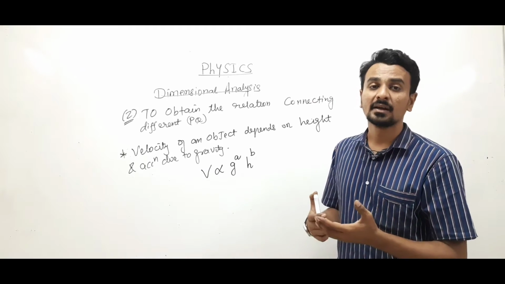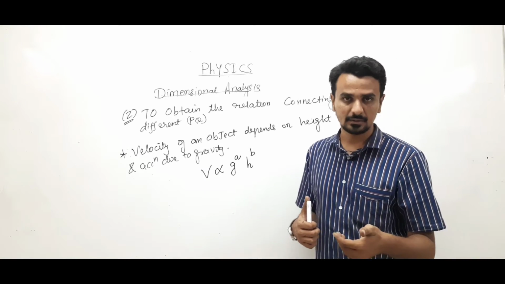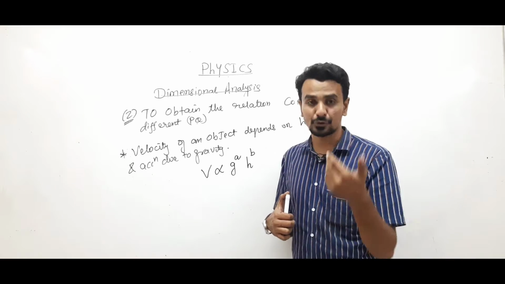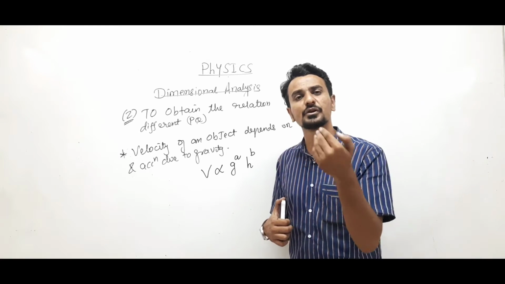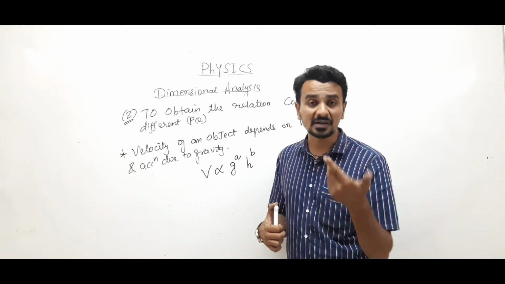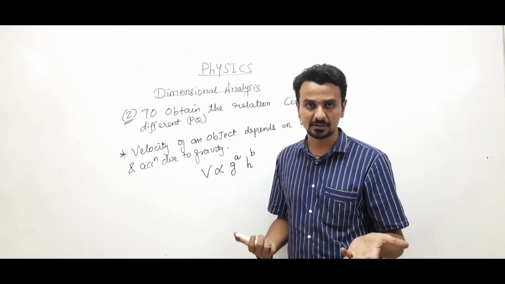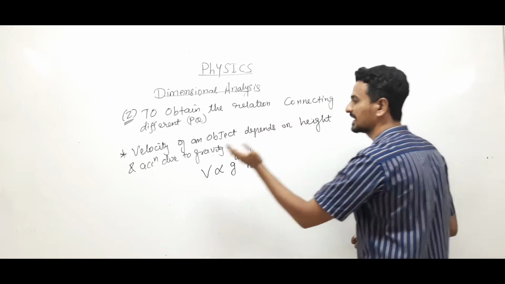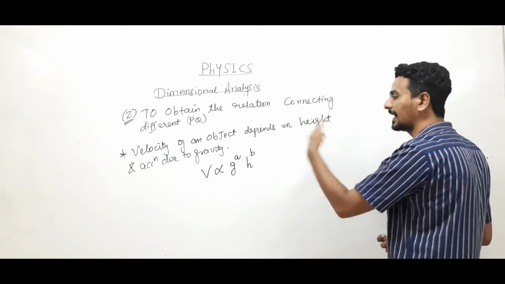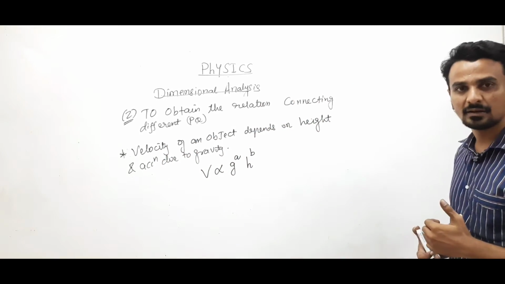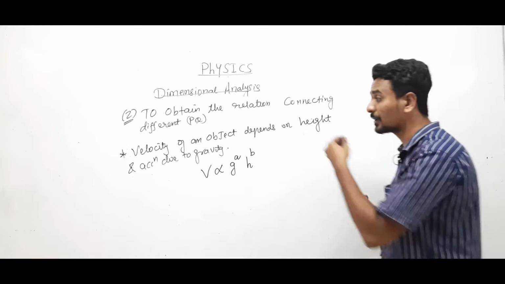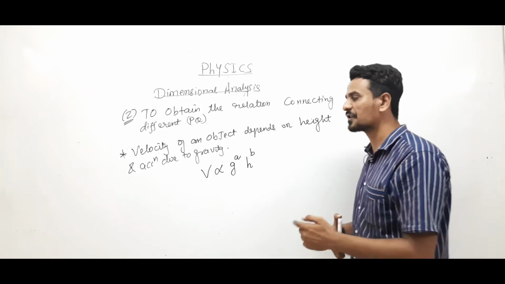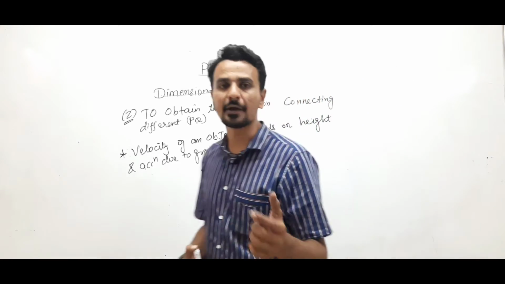They have just said that A depends on B. So A can be proportional to B, A can be proportional to B square, A can be inversely proportional to B. We don't know that, right? Similarly, in our question, they have said that velocity depends on height and acceleration due to gravity, but how velocity depends, we don't know that.